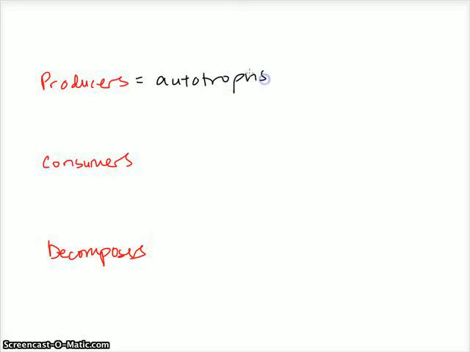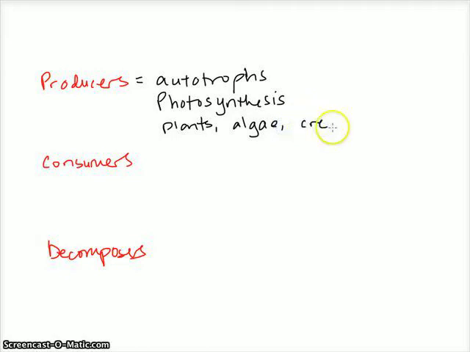Autotrophs make their own food from simple raw materials, and they can also perform photosynthesis. Remember, photosynthesis is a chemical process that converts light energy into chemical compounds to make food. And examples of producers include plants, algae, and certain bacteria.